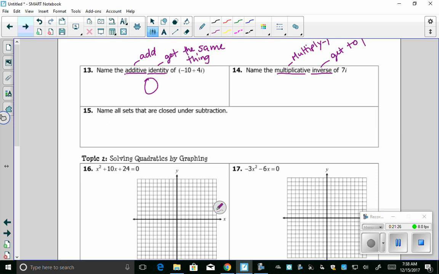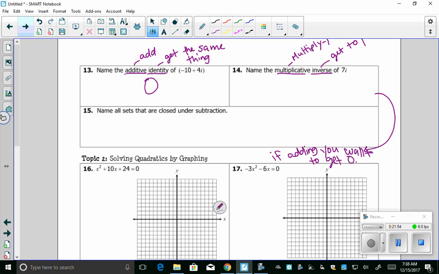If you're adding, as a side note, I'm going to come down here. If adding, you want to get to 0. So if you are adding, you want to get to 0. Multiplying, you want to get to 1.